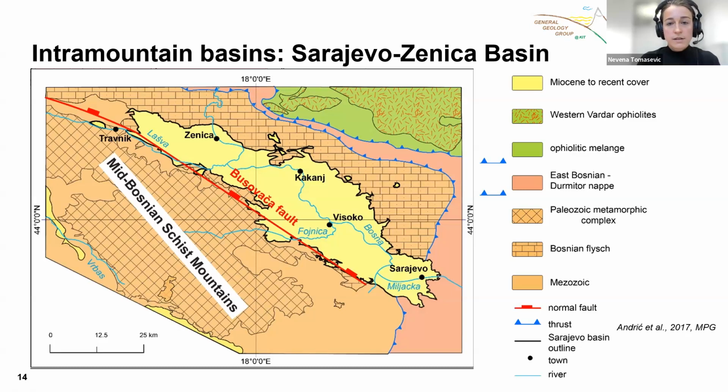Along this reactivated normal fault, this led to exhumation of Paleozoic metamorphic rocks and growth of the Bosnian-schist mountains along the southwestern margin of the basin. In the immediate hanging wall of this fault, we have the deposition in the Sarajevo-Zenica basin. The northeastern margin of the basin comprises Mesozoic flysch deposits and Jurassic ophiolites.